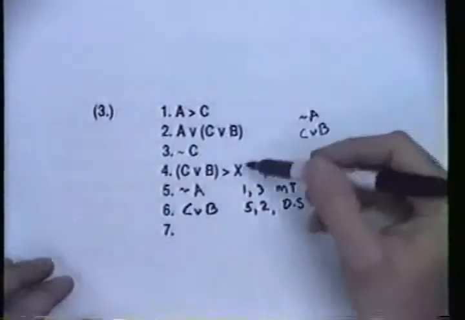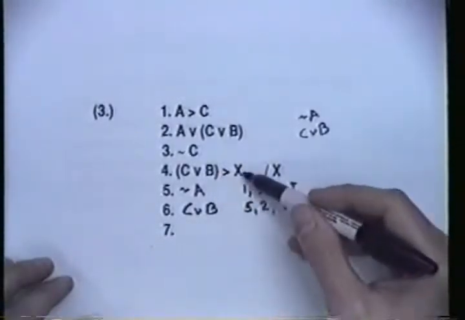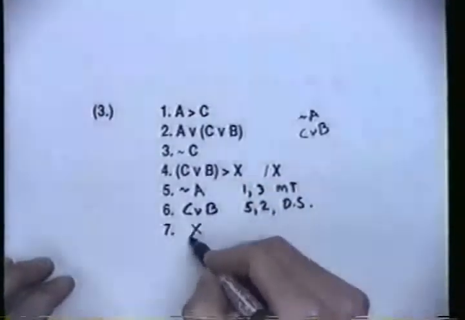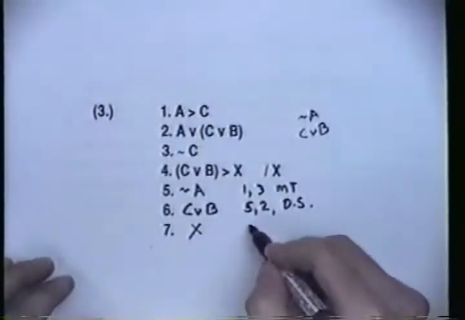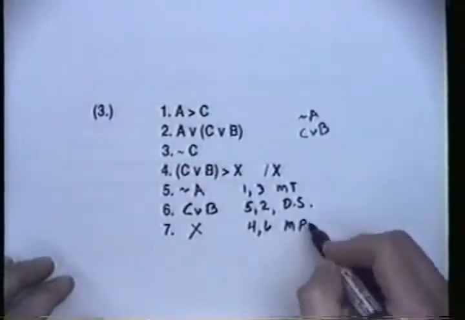And now what do I need? I've got to get to the X, right? So I've got the antecedent of this conditional, and X is the consequent. I can infer the consequent, having the antecedent, by citing lines 4 and 6, modus ponens.